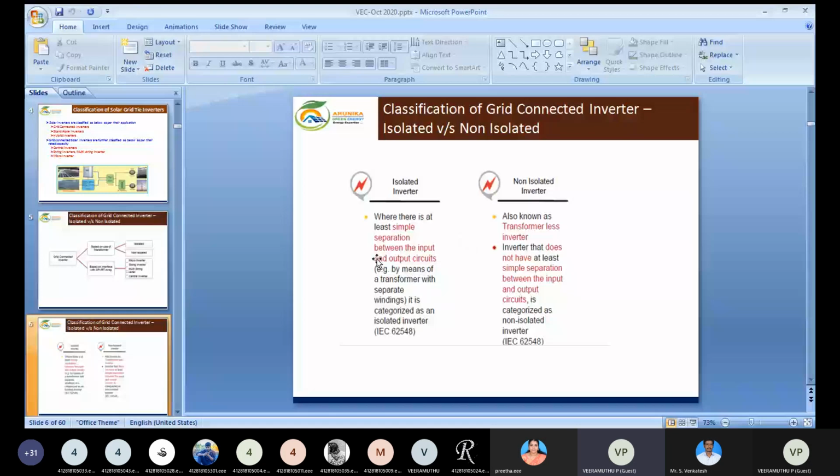Here, non-isolated inverters. A non-isolated inverter does not have the simple separation between input and output.